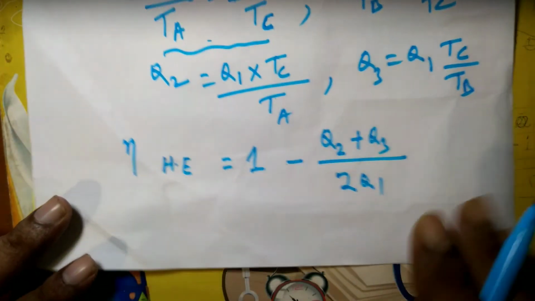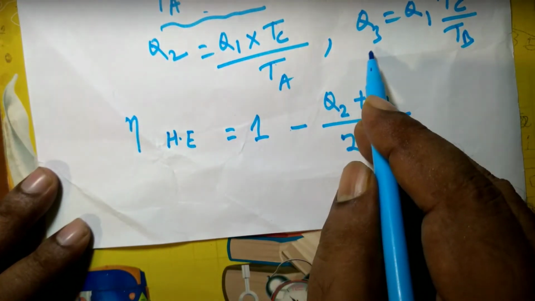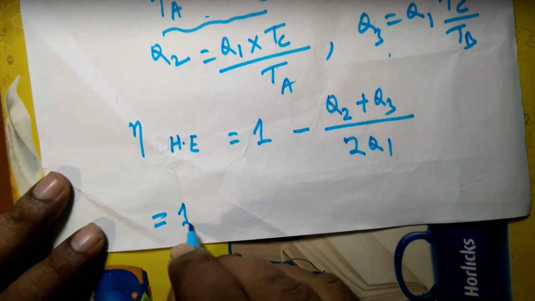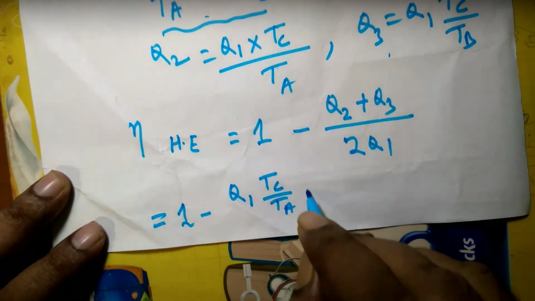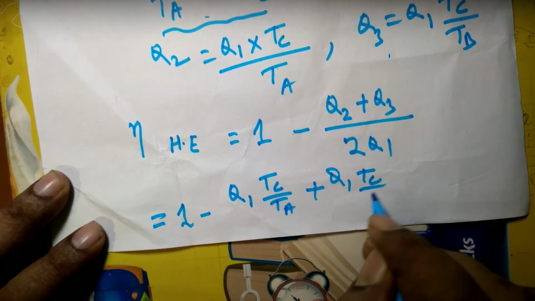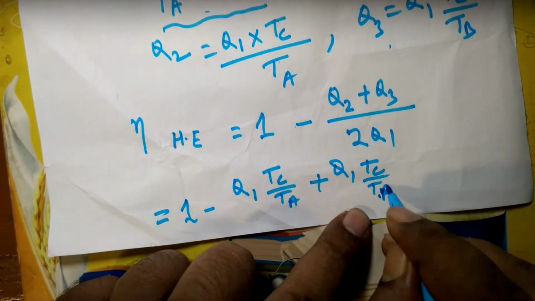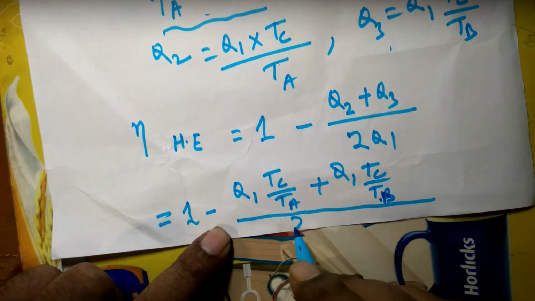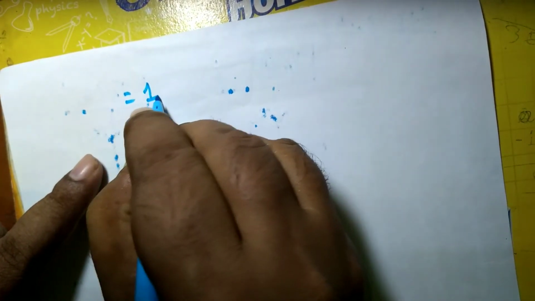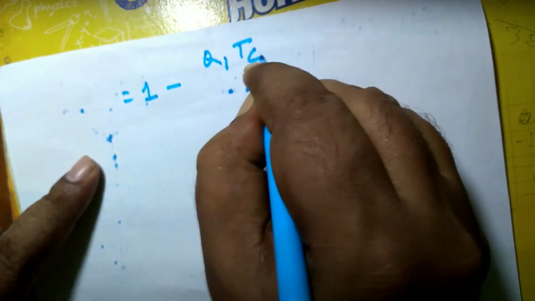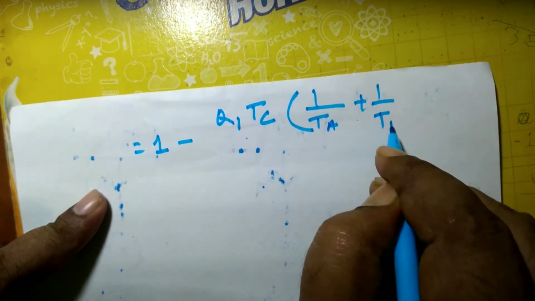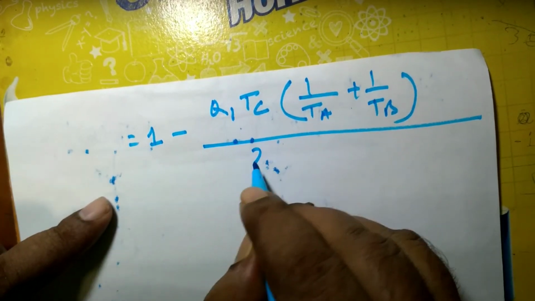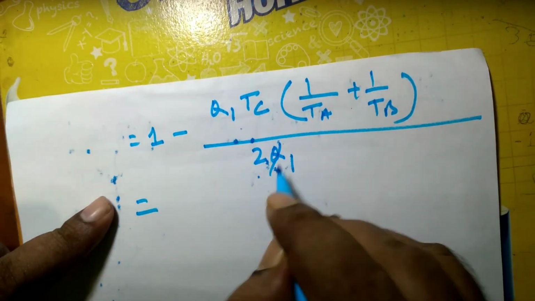So if I substitute the values of Q2 and Q3 from these equations, this will be 1 minus Q1 TC by TA plus Q1 TC upon TB divided by 2Q1, that is equal to 1 minus Q1 TC times 1 by TA plus 1 by TB divided by 2Q1, that cancels out Q1.